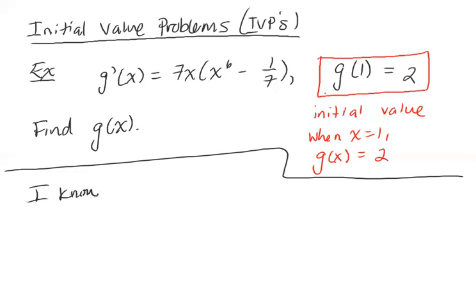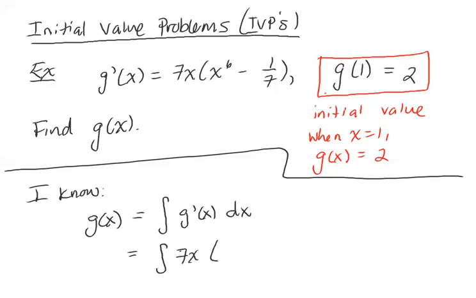I know that if I take the antiderivative or indefinite integral of g prime of x dx, then I should get g of x. Those rules of antidifferentiation undo the differentiation rules. So let's do that. This is equal to the antiderivative of the function 7x times (x to the 6th minus 1/7) dx. So that is my goal.